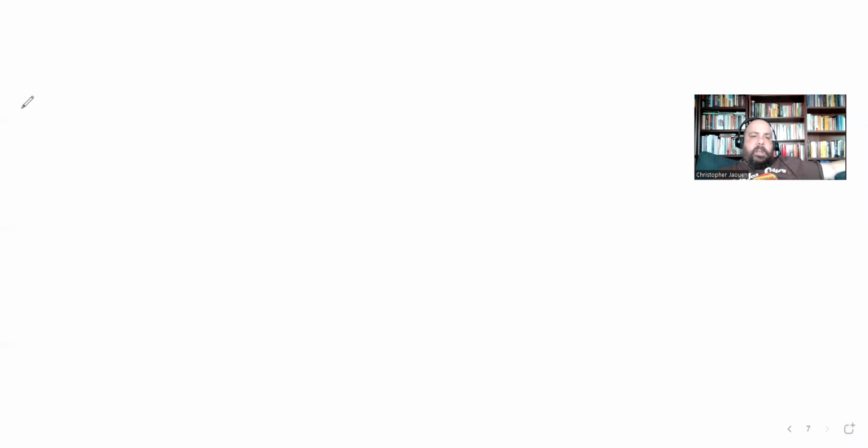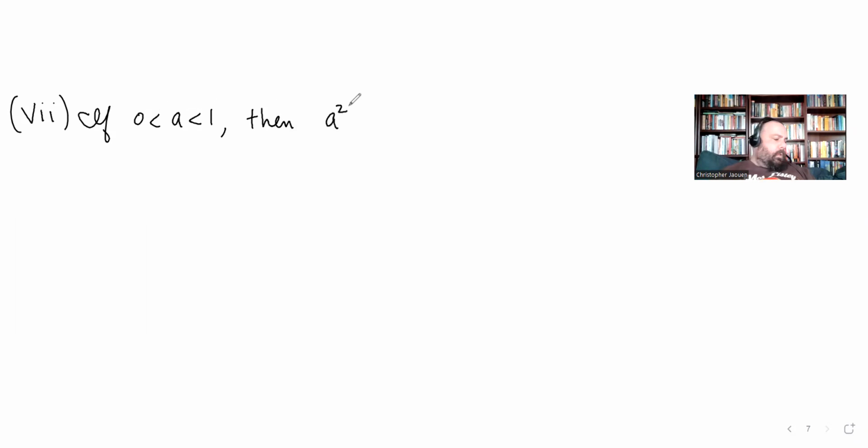Right, next one, VII. Which says if 0 is less than A less than 1, then A squared is less than A. Okay, so let 0 less than A less than 1.